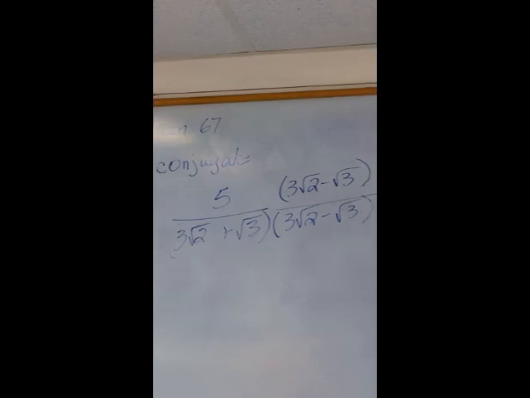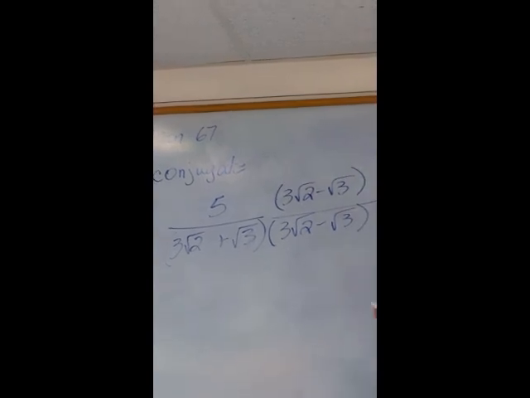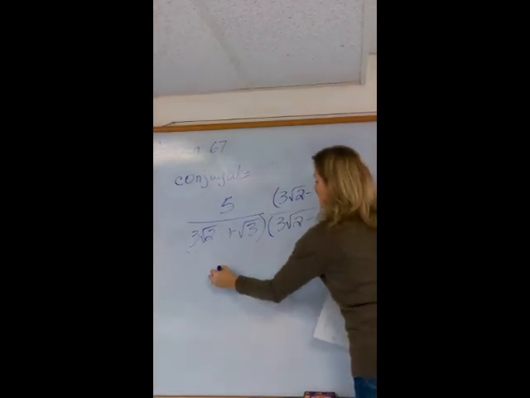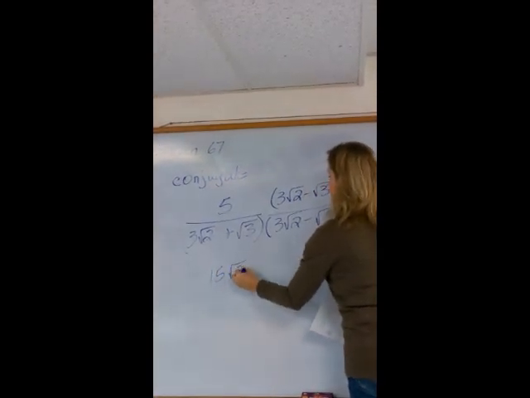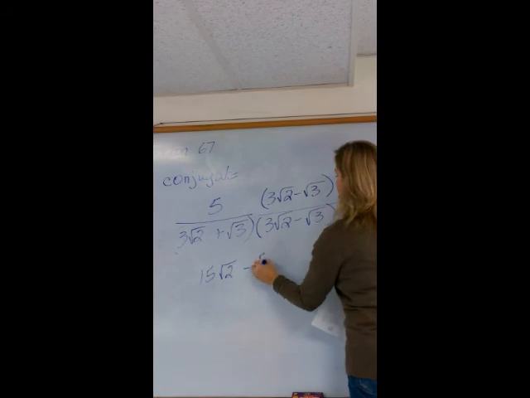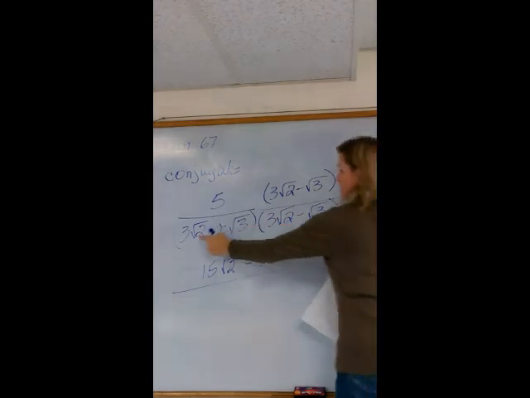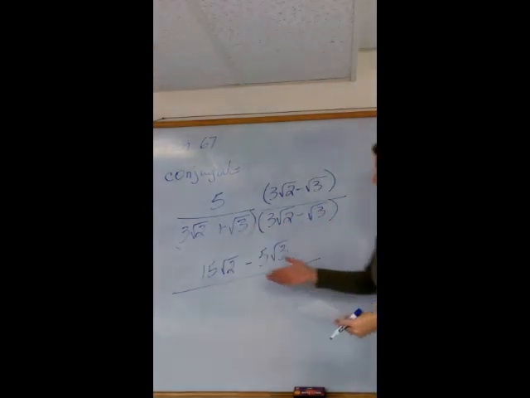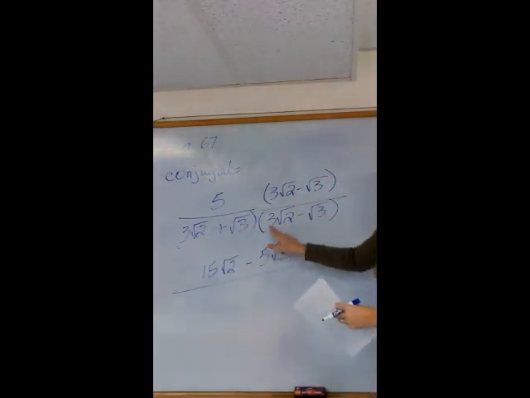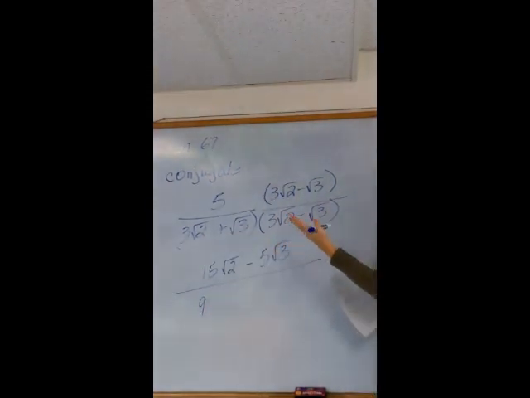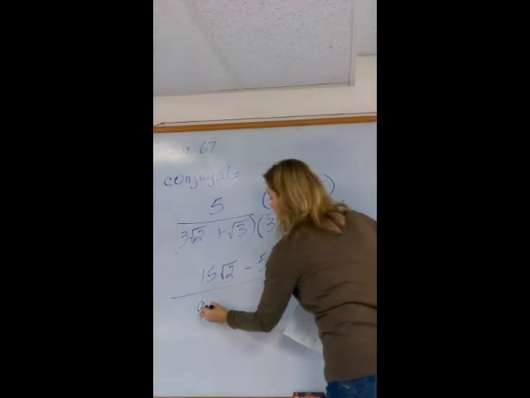Now I can multiply the numerators. So I'll just take 5 times each of those terms and get 15 root 2 minus 5 root 3. And on the bottom, I'm going to multiply my first terms. So remember when you multiply the numbers, 3 times 3, which is 9. And then root 2 times root 2, which would be square root of 4, which brings you back to 2.